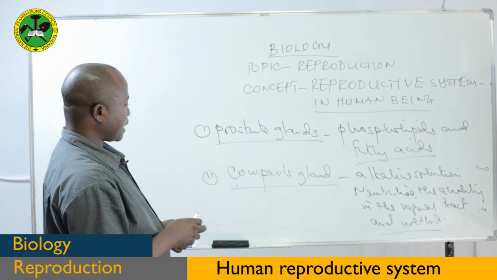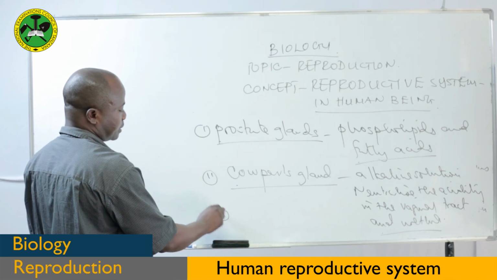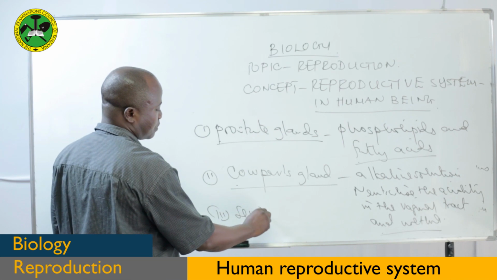And the last accessory gland is seminal vesicle.